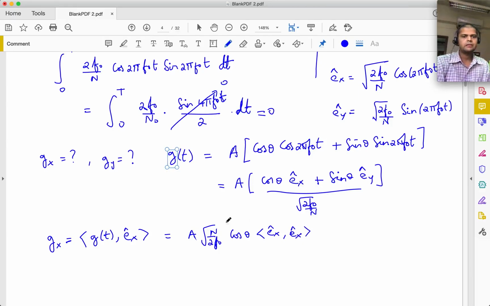I'm just expanding this and taking the dot product with each term.